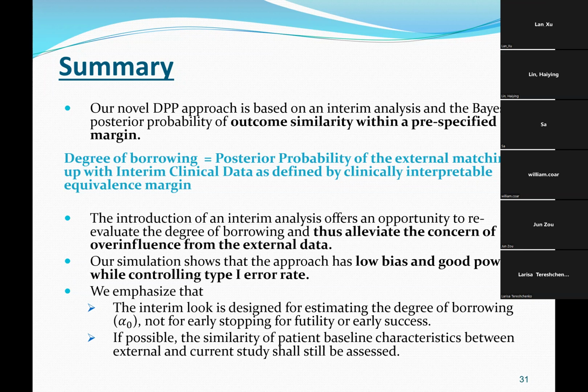That will avoid any over-inference from the external data set. And the introduction of the interim analysis could further ensure the power as needed if the borrowing cannot be as much as you expected. And also, bias could be lower and the type I error well controlled at an acceptable level. Next, please.